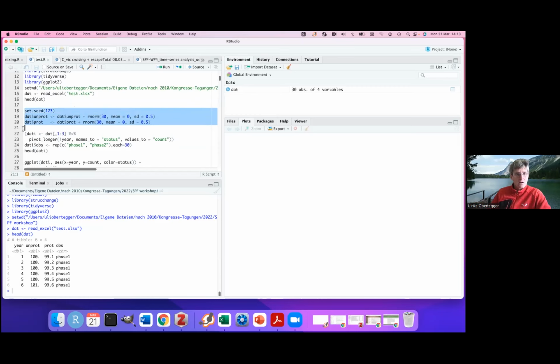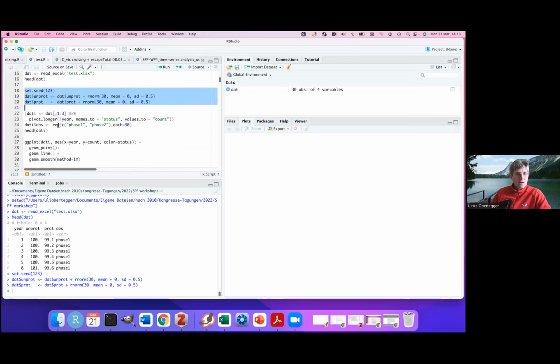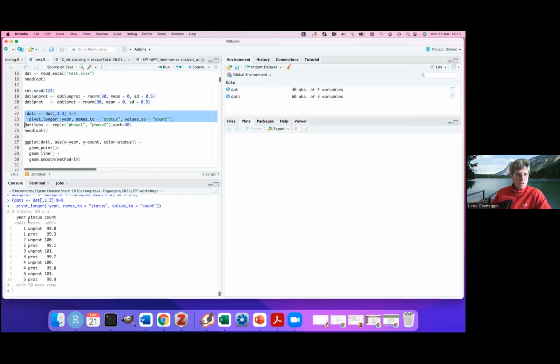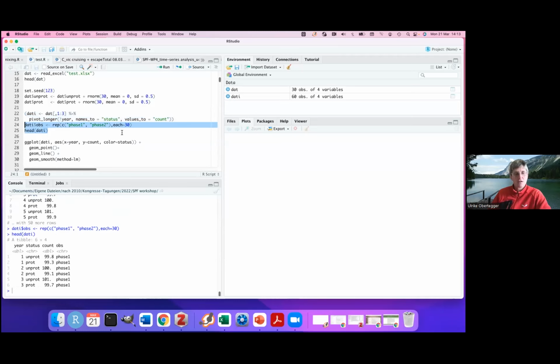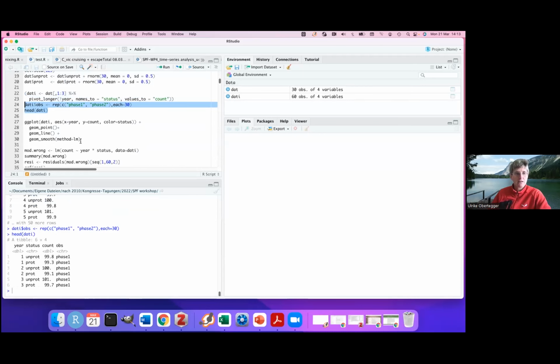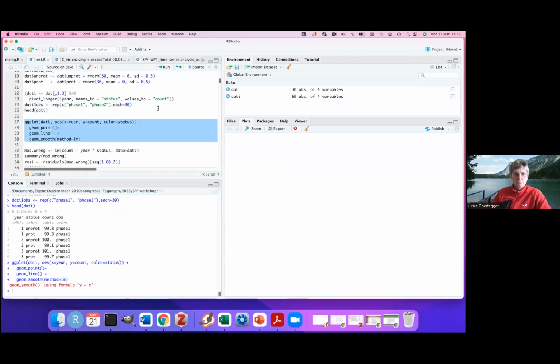So let's add these random numbers. Then we do a little bit of pivoting so that we have just 3 columns: one for the year, for the time, one for the status, and one for the counts. Then we add this phase change, because the nice thing about this data set is that you know when the change point occurred, and finally the plotting.